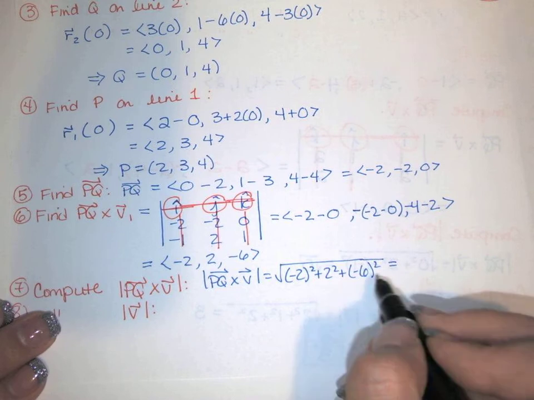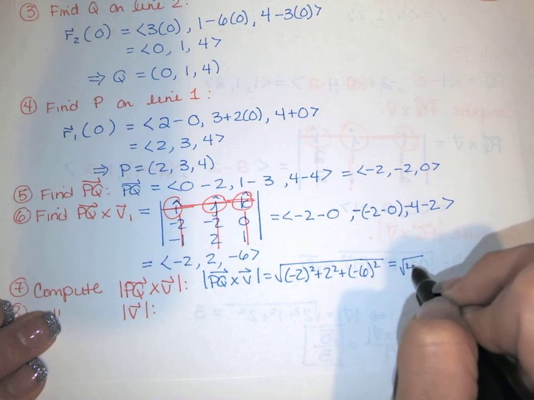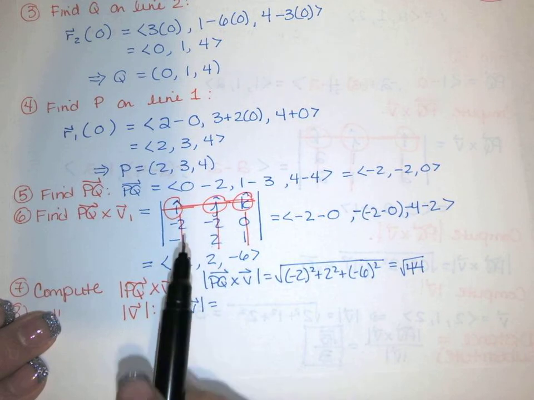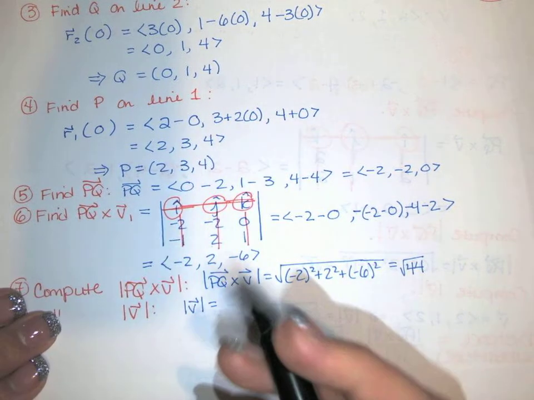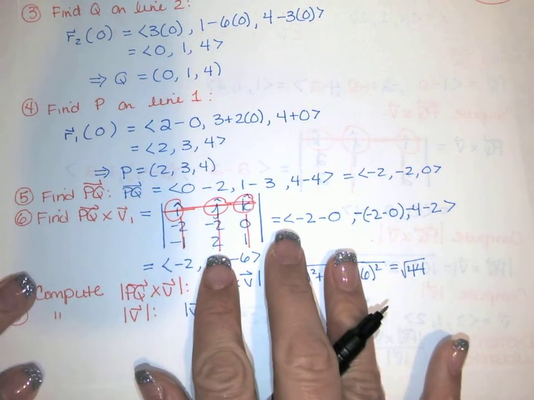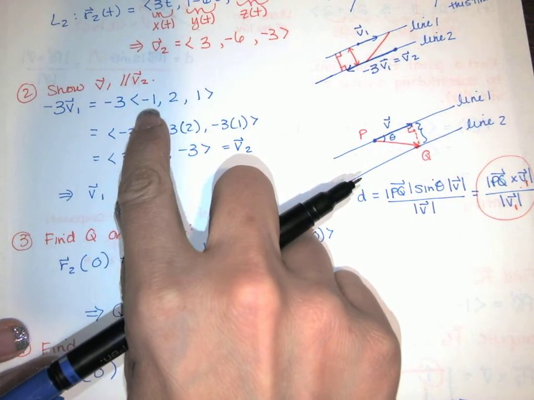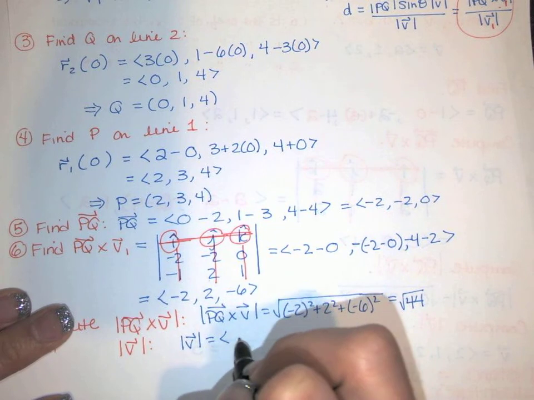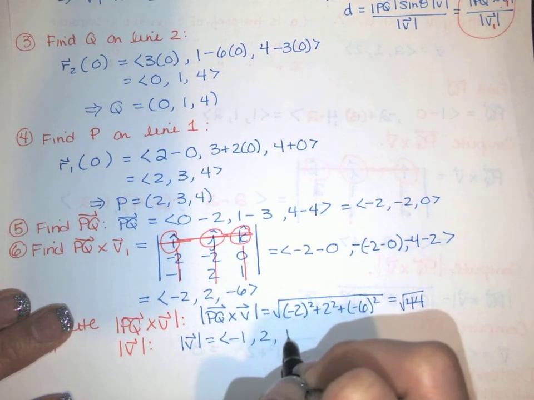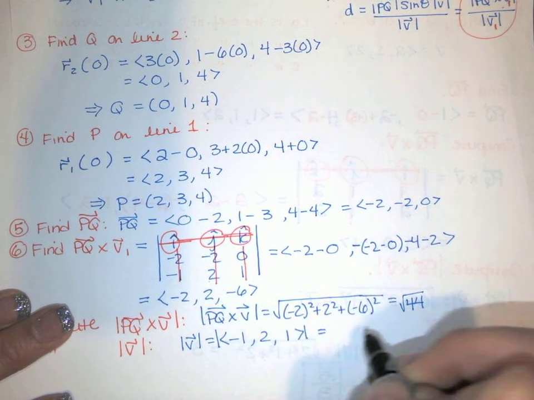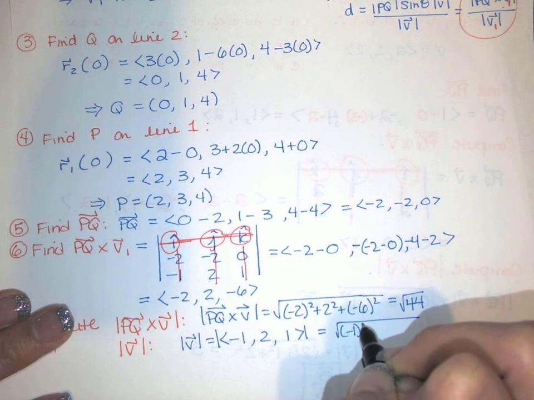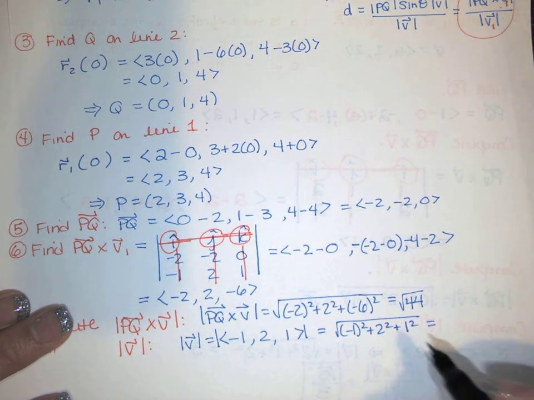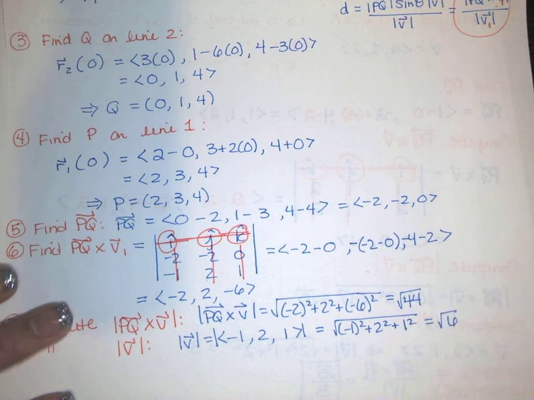So I have 4 + 4 + 36, so that's going to be 44. For V, that was way back here. That was our V, -1, 2, 1. So take the components, square them, add them, and take the square root. 1 + 1 is 2, + 4 is 6.